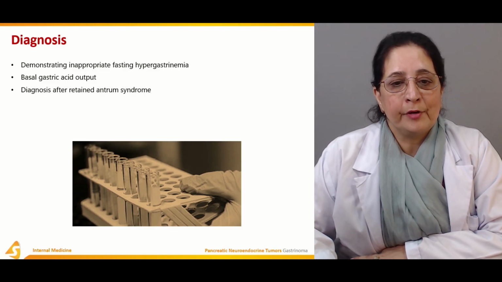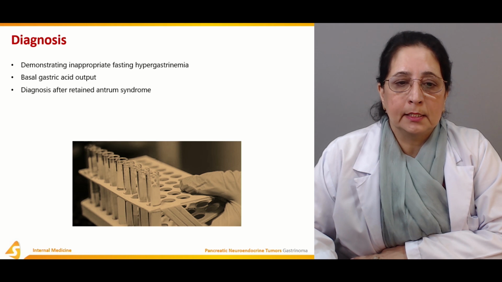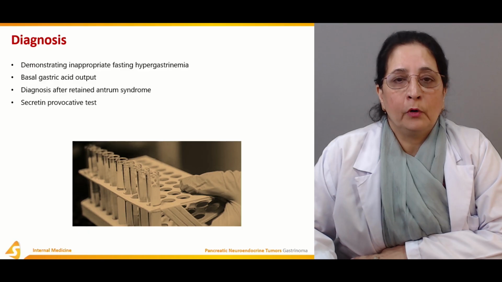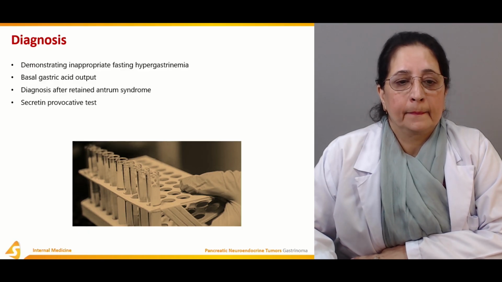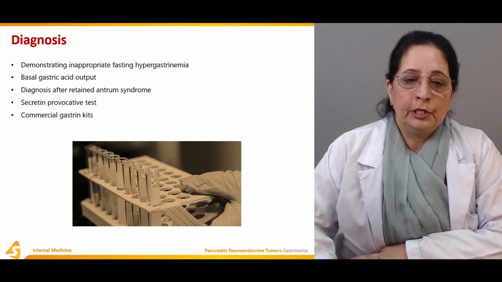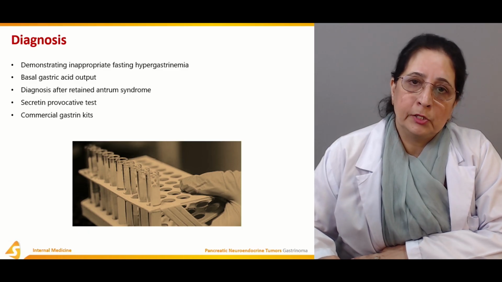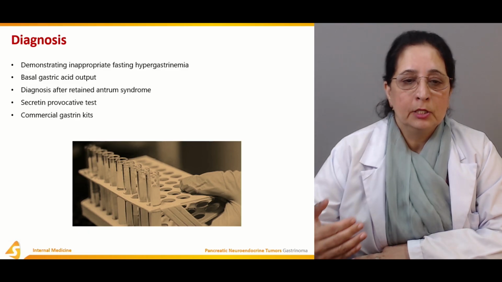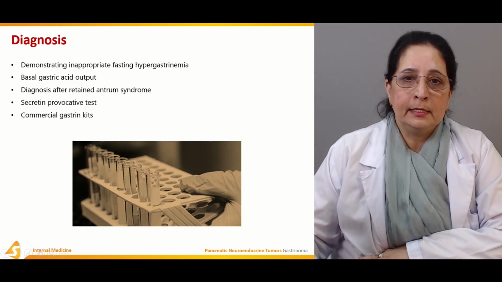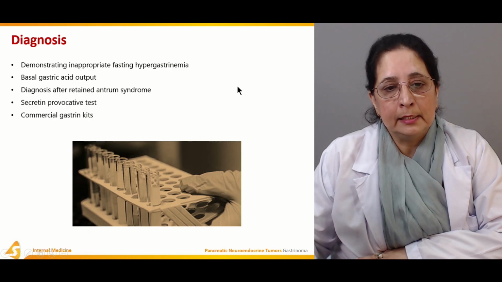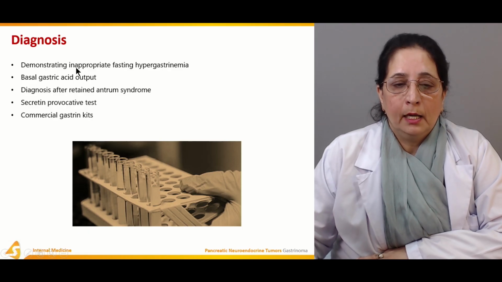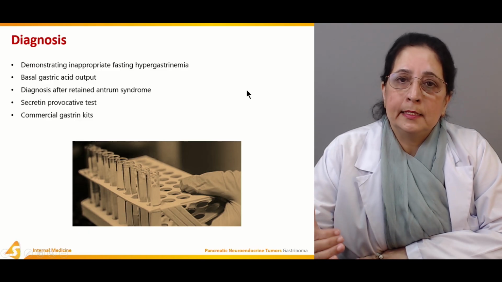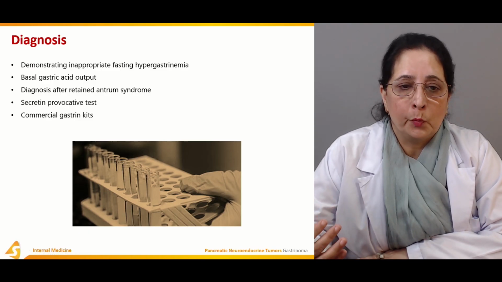Diagnosis after retained antrum syndrome. Secretin provocative test. Commercial gastrin kits are also available that measure the level of the gastrin. So all these are the different tests that are used for the diagnosis of Zollinger-Ellison syndrome or gastrinoma.